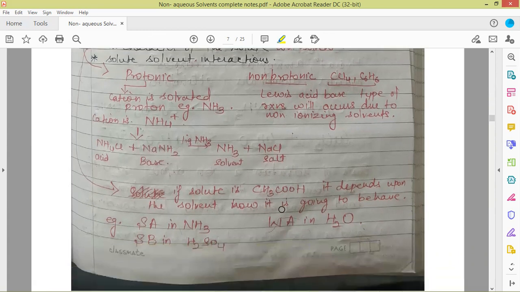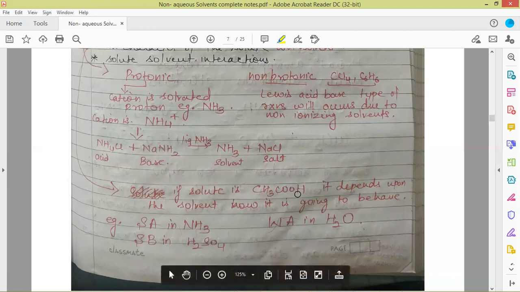If we take the solute as CH3COOH, it depends upon the solvent how it is going to behave. This CH3COOH will behave as a strong acid when we take ammonia as a solvent. It will behave as a weak acid when we take water as a solvent, and it will behave as a strong base when we take H2SO4 as a solvent.